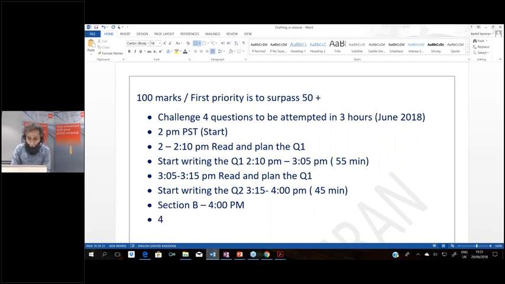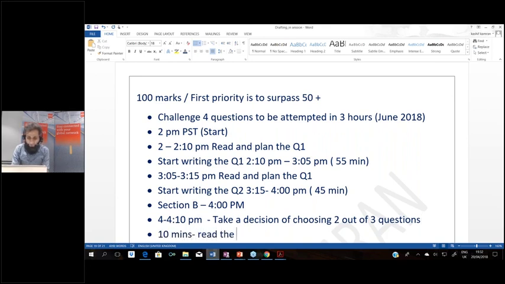The very first thing you will do at 4 p.m., from 4 to 4:10 p.m., is take a decision of choosing 2 out of 3 questions. You have 10 minutes to take a decision, right? What will you do in the 10 minutes?